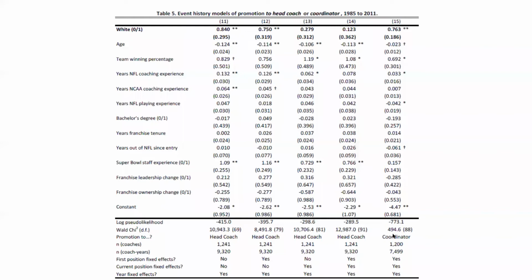So now, if I look at the dependent variable being, am I hired as a coordinator, holding constant all these other things still, that's where the strong effect was really coming from. So now if I'm white, the probability I'm hired as a coordinator, relative to a black coach, holding constant all these other things, increases by about 0.76. So the real discrimination is going on well before you get to that head coaching interview.